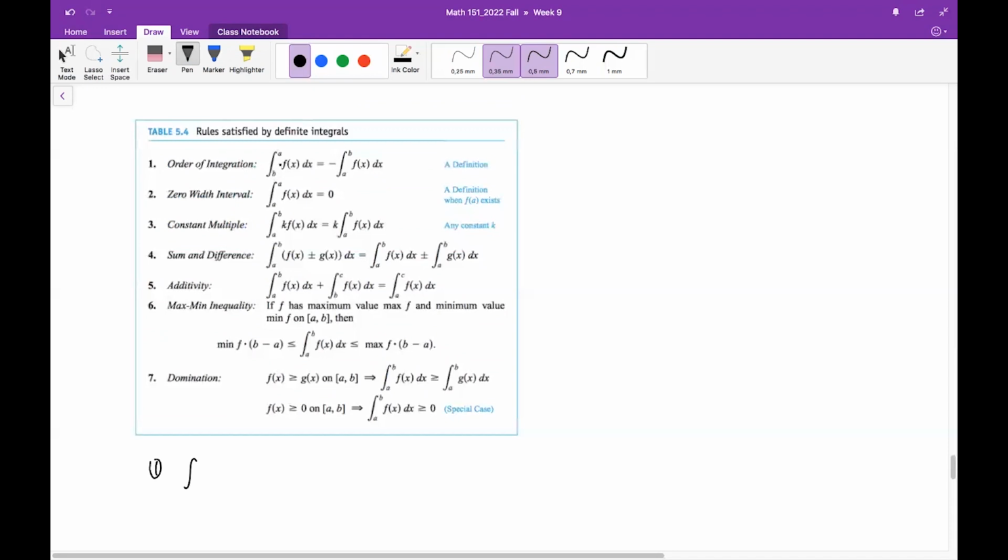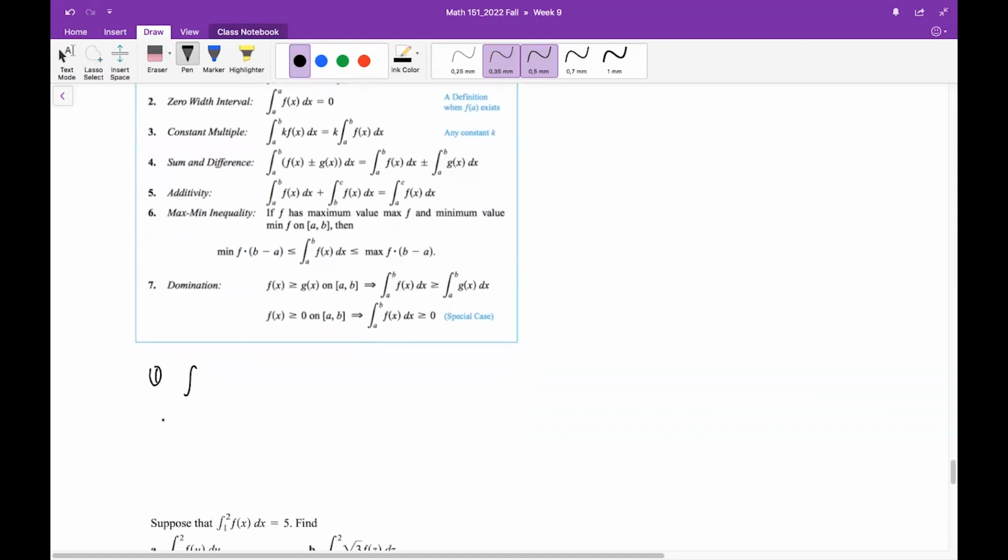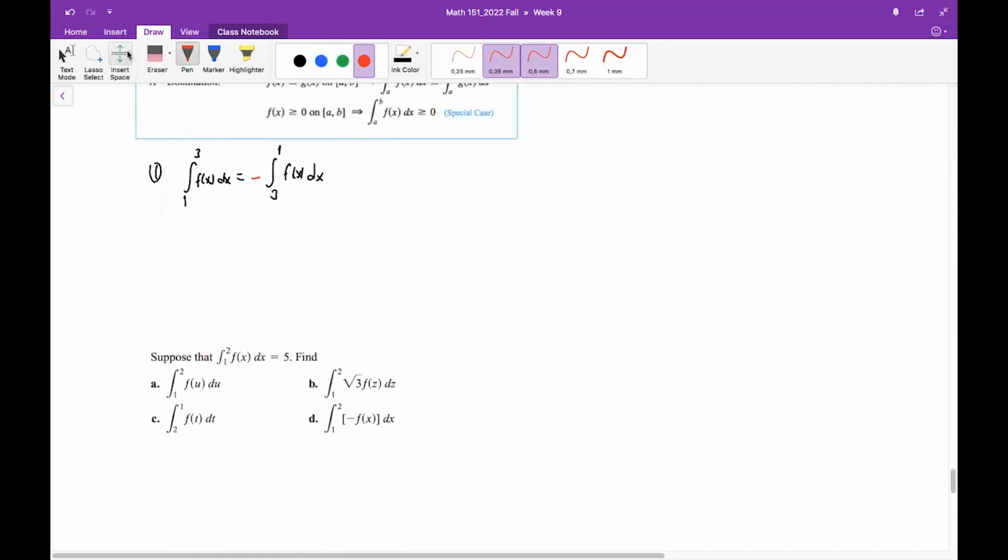If you have this definite integral from a to b, and if you switch the upper and lower boundaries like this, you switch the places of them, then you look at the definite integral from b to a, and you have to put this minus sign in front, okay? If you want to exchange the places of the upper and lower boundaries, you need to put this extra minus sign in front. This is the first property of the definite integral.